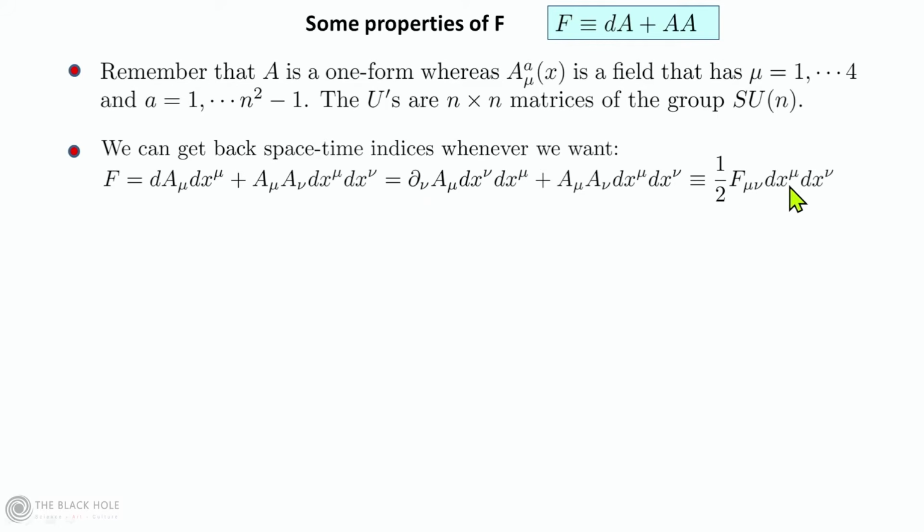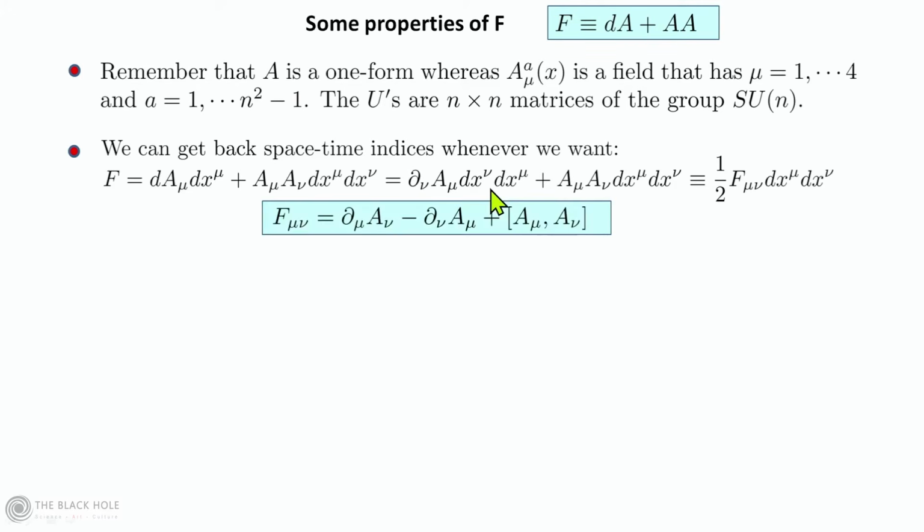You can just read off what F mu nu is. It's d mu A nu minus d nu A mu plus the commutator. See, you can see there's a commutator involved over here. That's because these A's don't commute with each other. They're matrices. This A is a matrix over here.